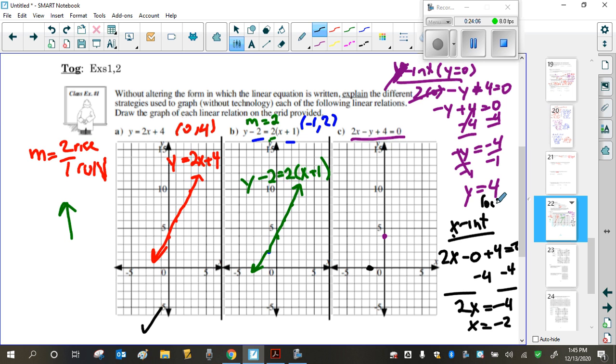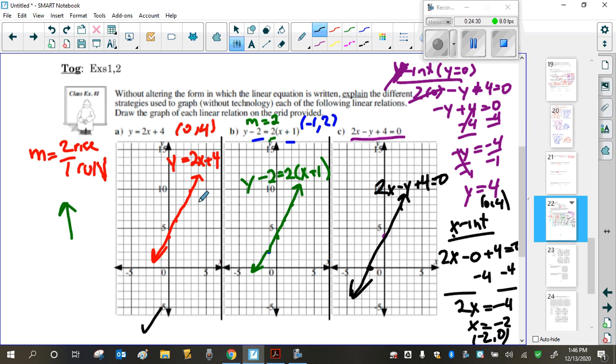I want to put the ordered pair so you guys know that, and you already do. So let's do this line here and label it. 2x - y + 4 = 0. And you can see this is the exact same line 3 times.